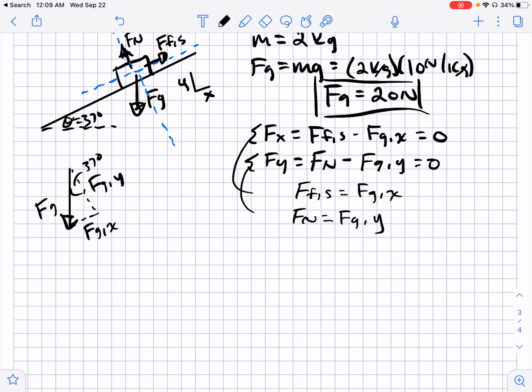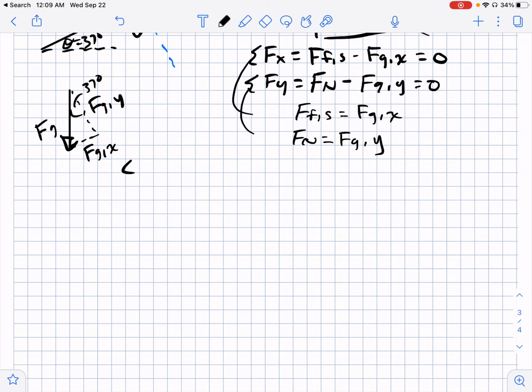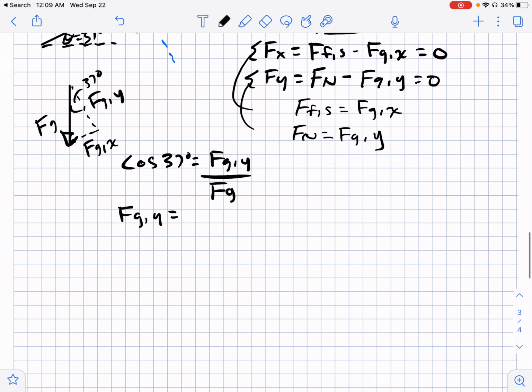So let's start with our y component. Our y component is adjacent to that 37-degree angle, and the Fg is your hypotenuse. So we're going to use a cosine function. So cosine 37 degrees is going to equal Fgy over Fg. So my y component is going to equal Fg, which we found earlier was 20 newtons.